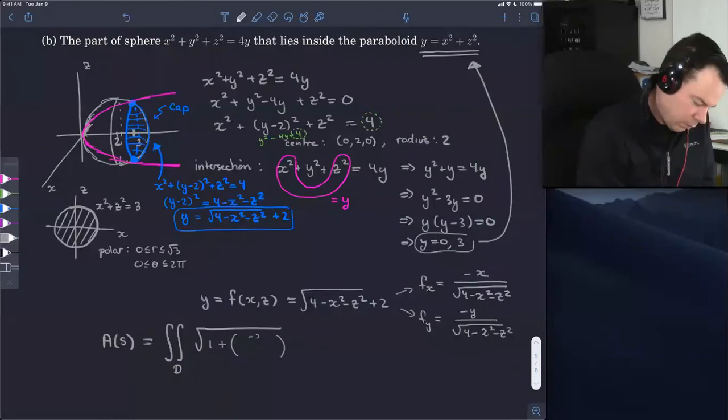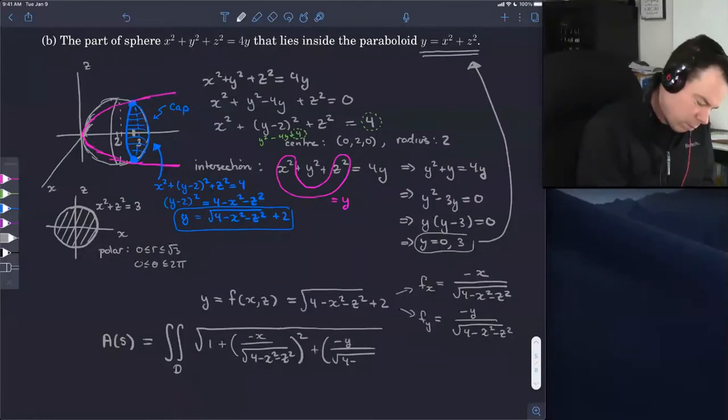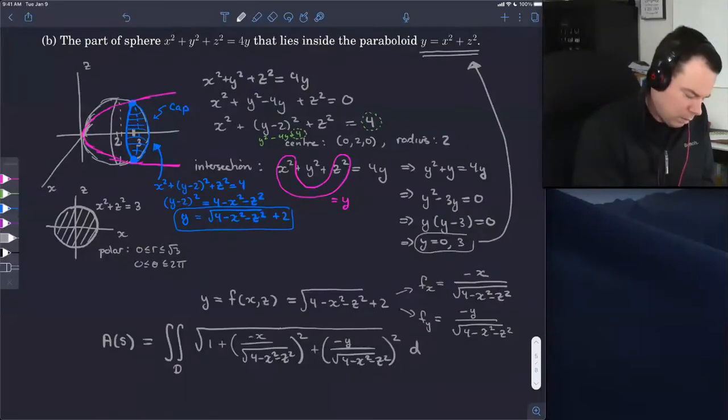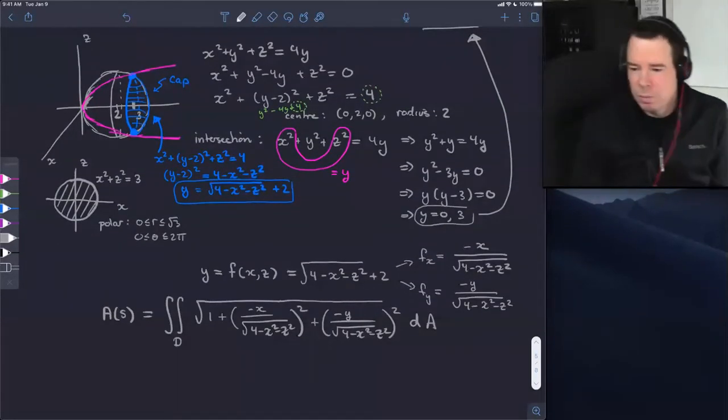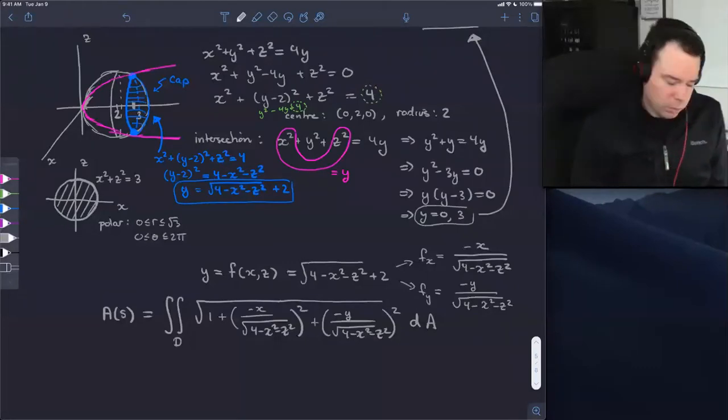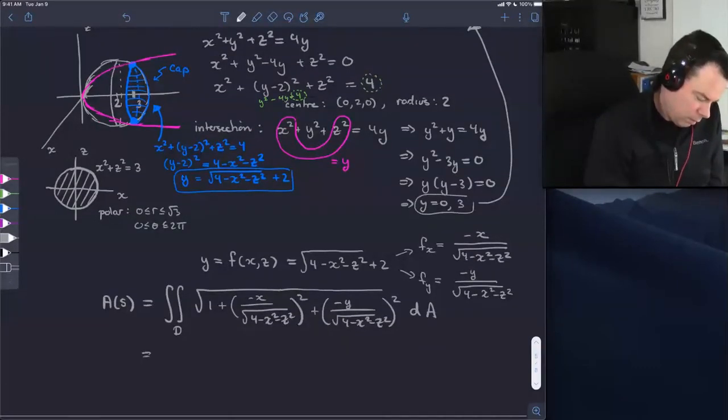So we've got a negative x over the square root of 4 minus x squared minus z squared, all squared, and then a negative y over the square root of 4 minus x squared minus z squared, all squared. And that's going to be an area integral, so with respect to dA. So there's our integrand.